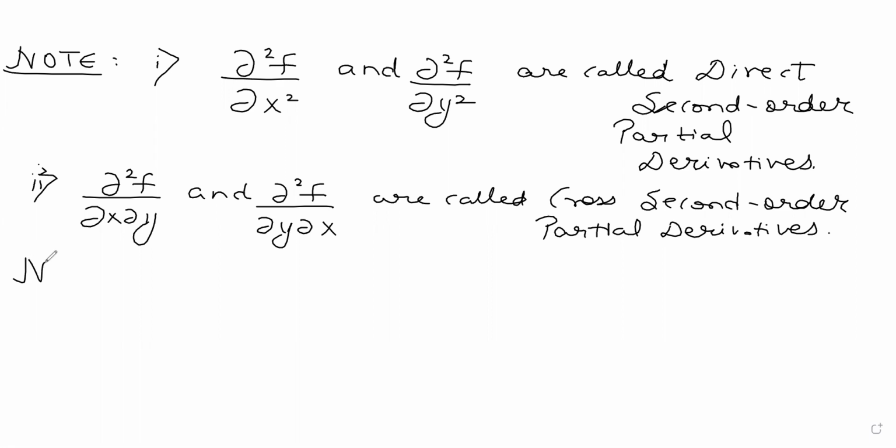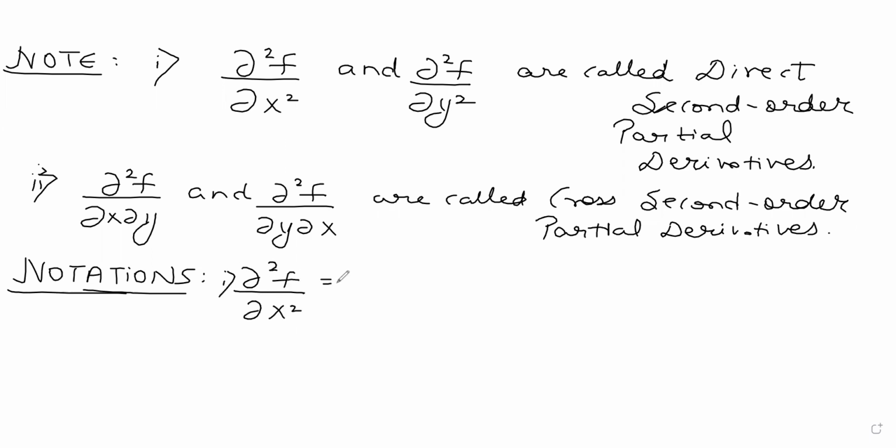So we can write the notations, which you can find in different books. So del square f by del x square, you can also write it as fxx. You can also write it as f11.